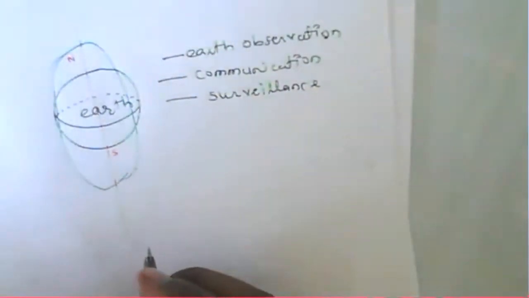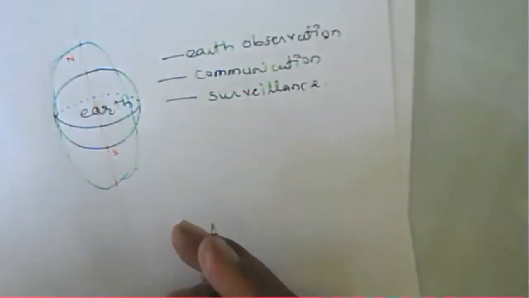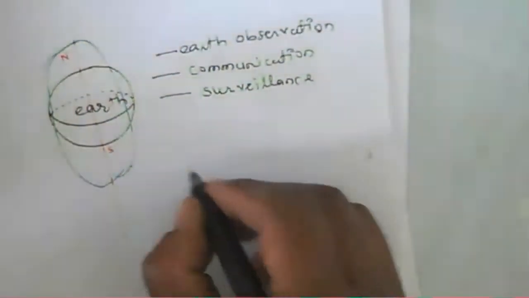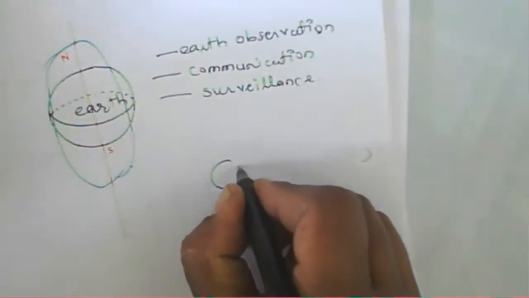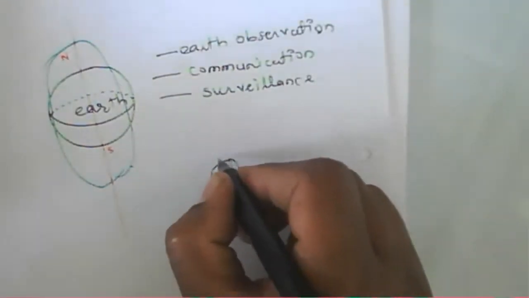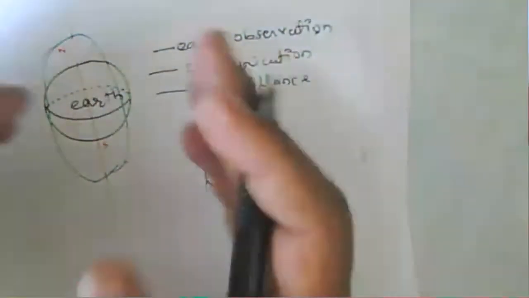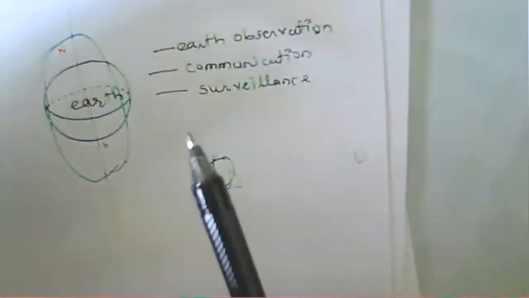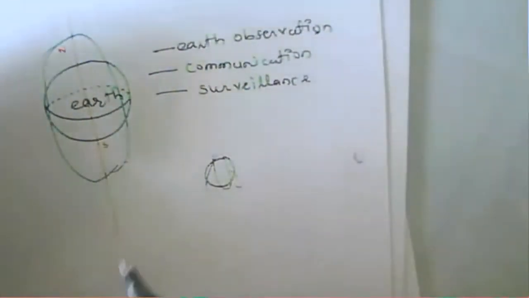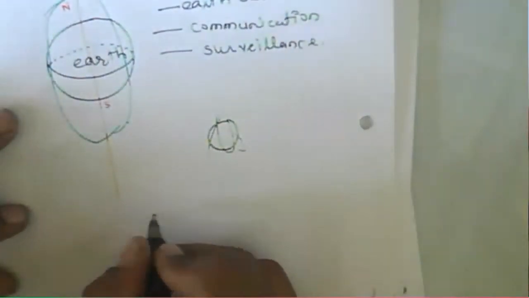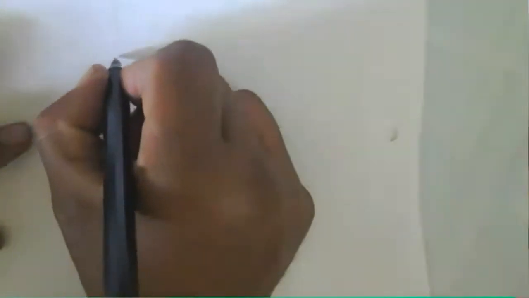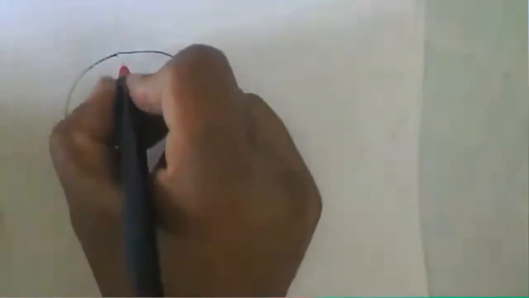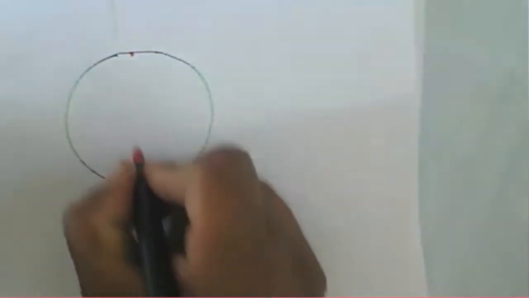Now we can consider that whatever the Earth we have, the orbit will be inclined from north to south. So your satellite will be in the given orbit. I will redraw it here. Now I am going to consider this as the Earth, and for the Earth, this is the north and south.